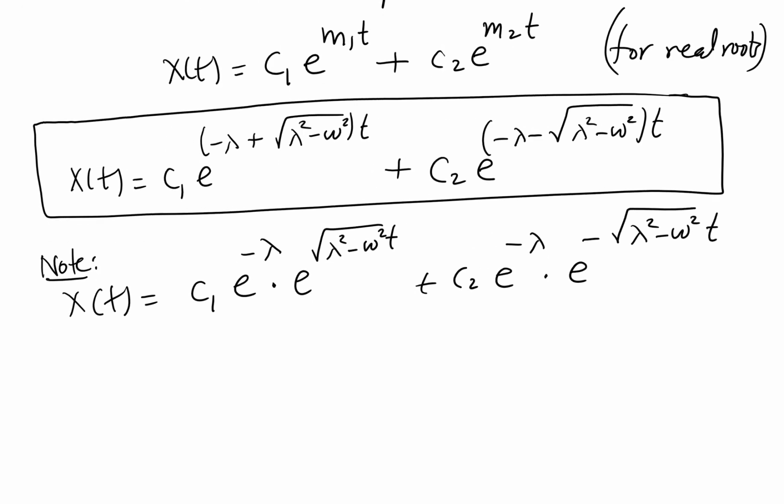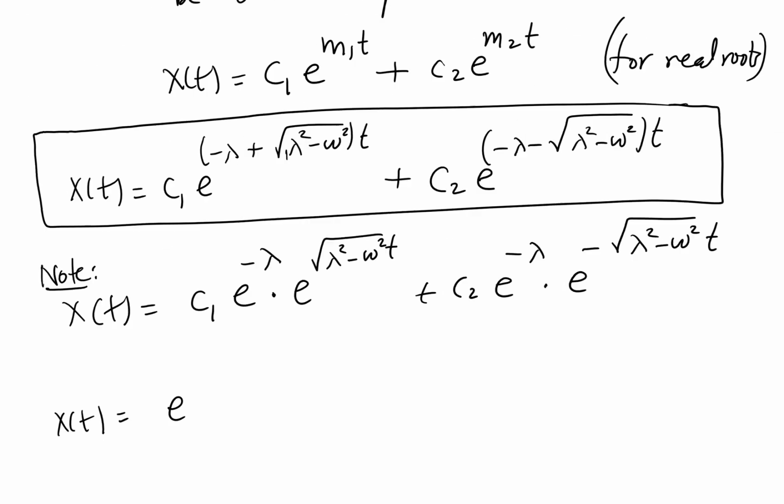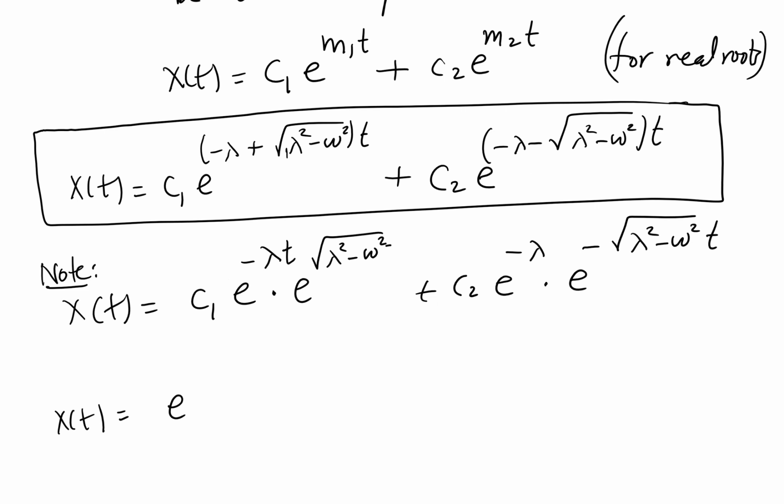And why did I do this? Because now you can factor out e to the negative lambda t. You can put the t here if you like, and same thing for the other one.